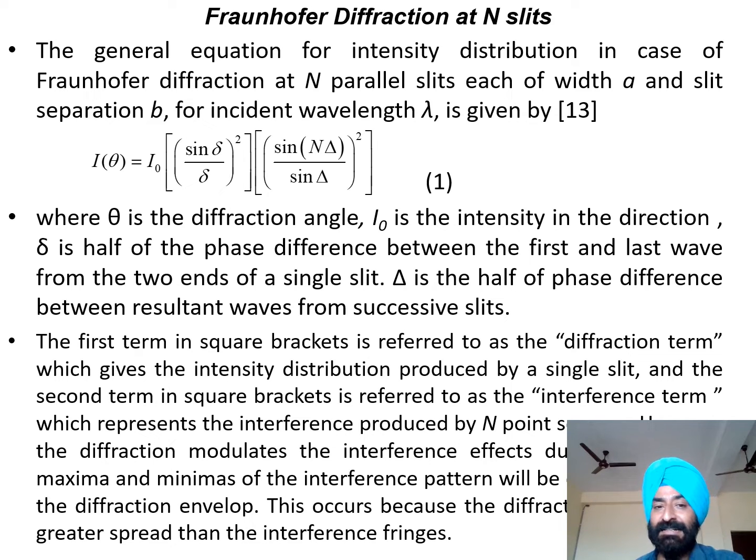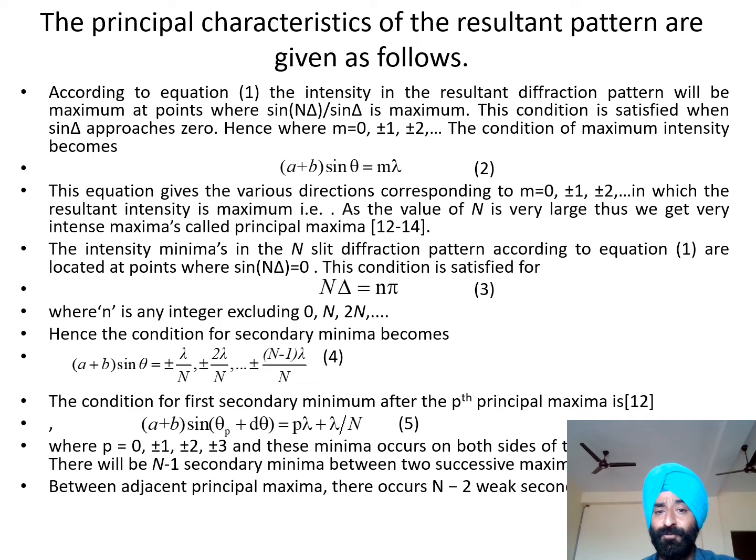So the net diffraction pattern is the superposition of the diffraction and interference terms, and this is actually the modifying fringe pattern. We can get the maxima and minima according to the conditions at any point.